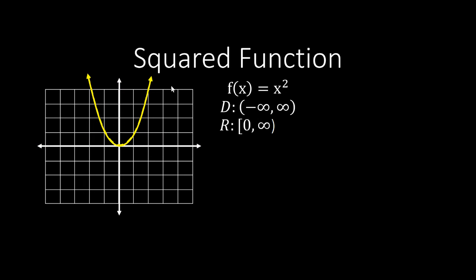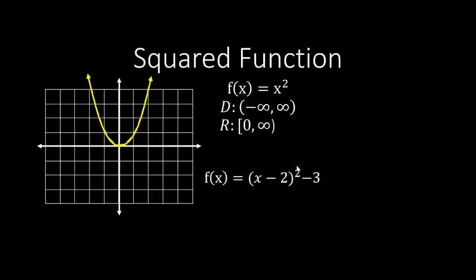So we already talked about the squared function. So there it is. f of x equaling x squared. We identified the domain was all real numbers, and the range was 0 to infinity. But let's just say that I was, and remember, I said every single quadratic equation is simply a change of this graph. So let's do an example here of saying f of x equaling (x minus 2) squared minus 3.